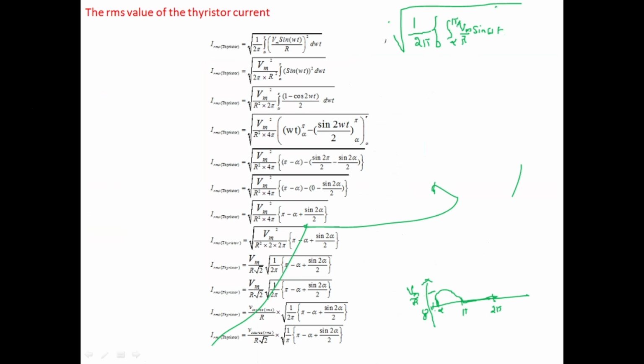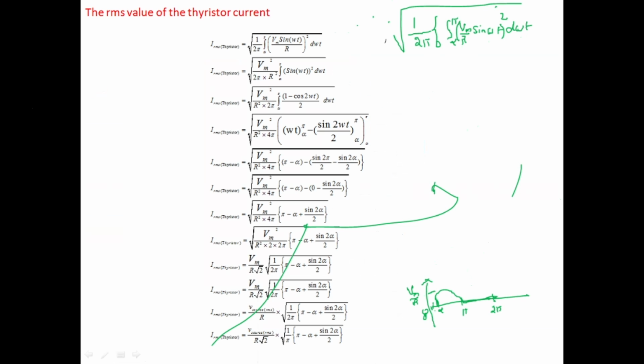This part I should take whole square, because it is root mean square, d omega t, correct, alpha to pi, because from pi to 2 pi my thyristor T1 is not conducting. So whatever I am calculating here is for 1 SCR.